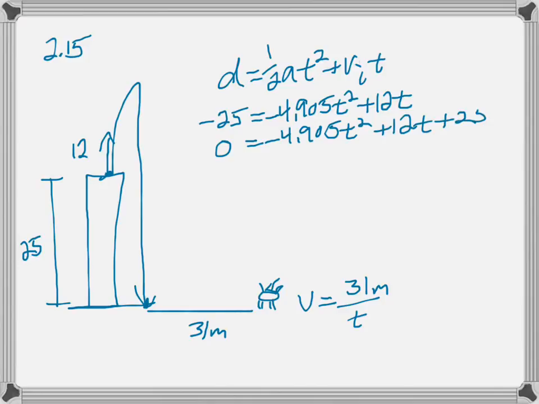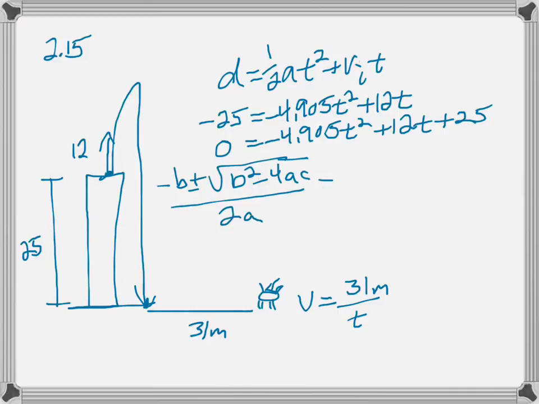This isn't the most exciting problem because it's a quadratic, so we're going to have to put it into the quadratic formula: opposite B plus or minus the square root of B squared minus 4AC all over 2A.